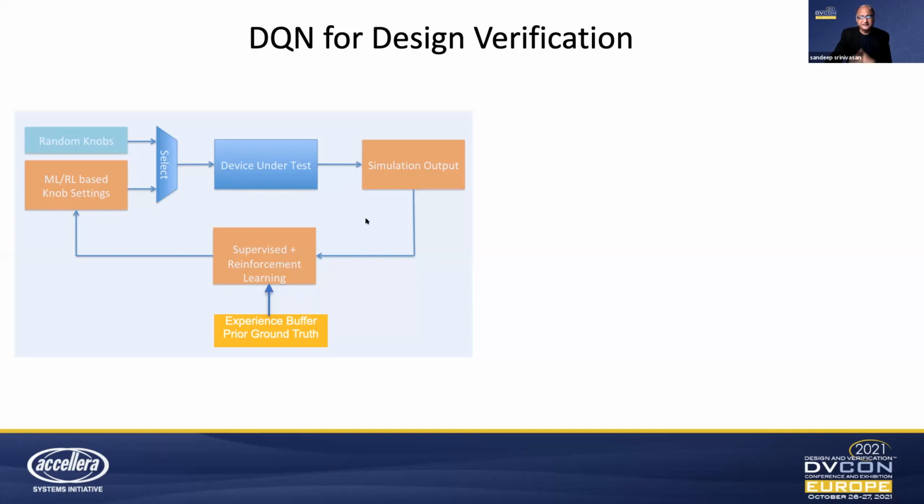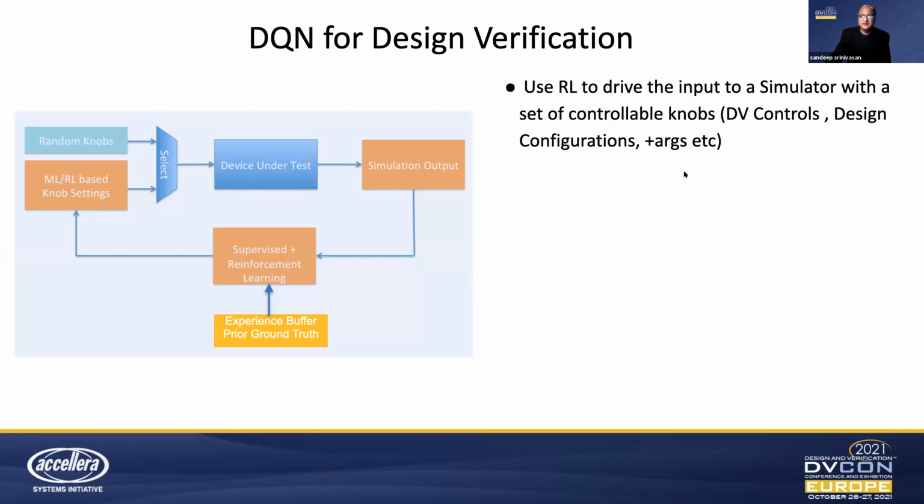So you can think of it just like the knobs for the simulator are DV controls, design configuration, plus args. And just like I explained, it's as simple as choosing the IJK values.